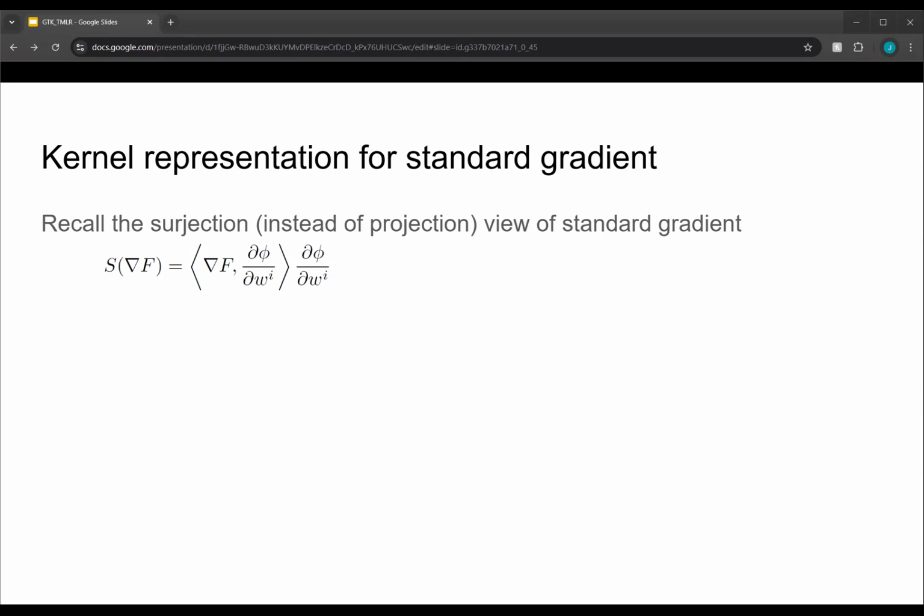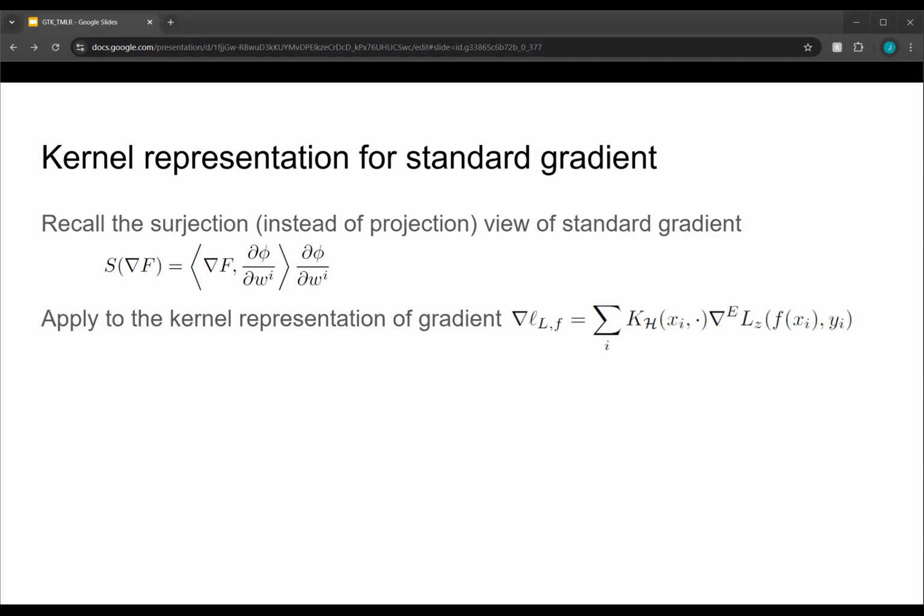Can we get a kernel representation for standard gradient? Recall that instead of the projection view, we have introduced a surjection view of standard gradient. Again, it is the standard gradient used everywhere, and it uses the default push-forward basis on the tangent space of embedding phi.